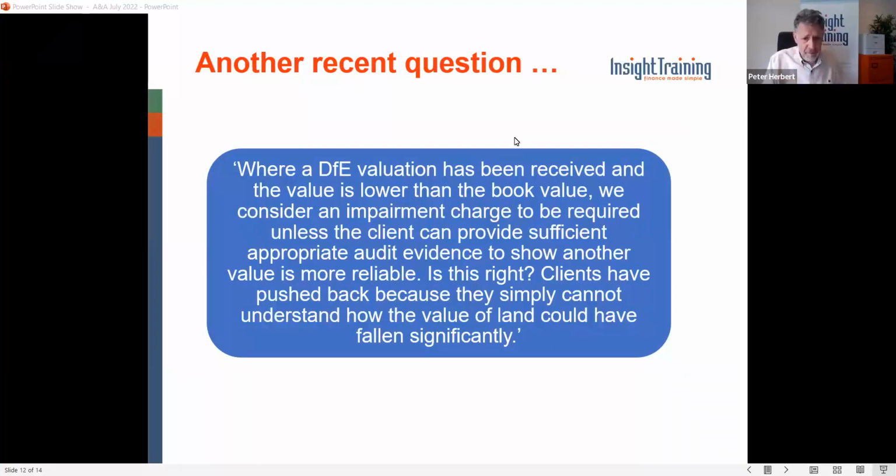I think for lots of firms, therefore, yes, they're thinking about impairment here, but because the asset can function in the way it always did, these subsequent DFE valuations are generally being ignored for accounting purposes. Again, reassuring, I suppose, that's the way a lot of firms are going as far as updated valuations are concerned.